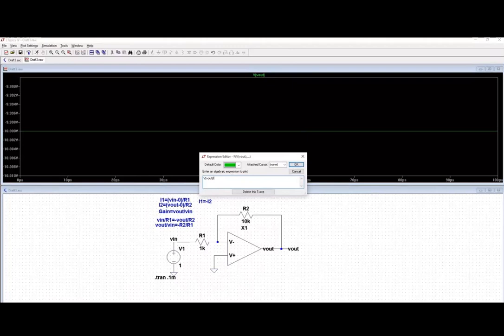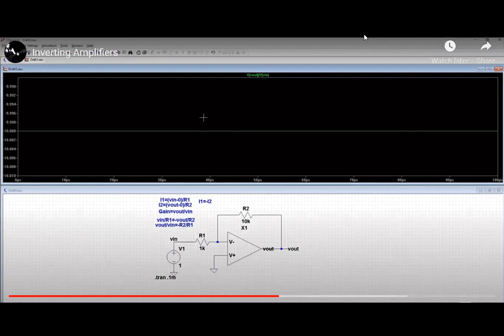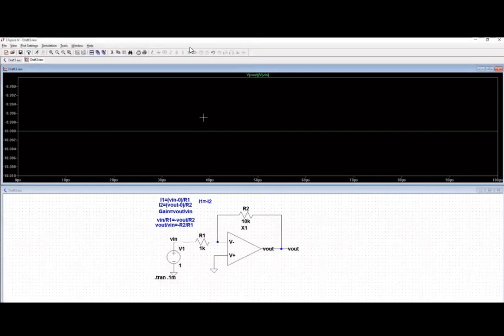So it's V of V out divided by V of V in. And because V in is 1, it's going to be the same. But most of the time you're not going to have an easy voltage here. So that's how you would do it, if you're doing a homework problem or a real op-amp analysis and you want to find the gain.